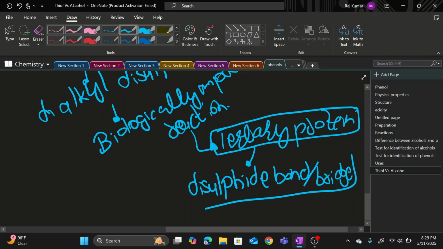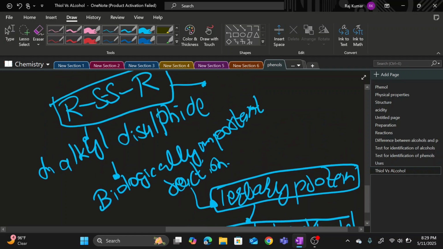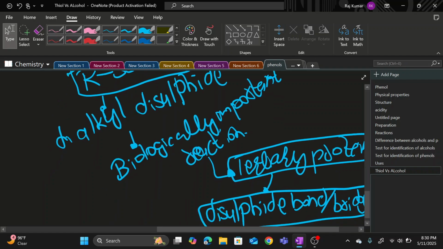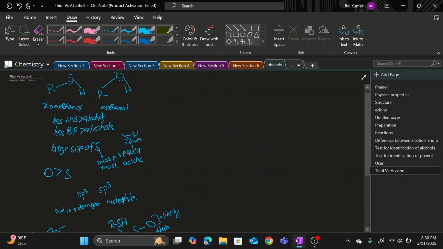This is a disulfide bond. This is a disulfide bridge, which is formed by the oxidation of the thiol group in the amino acids. So that is responsible for the stability of protein. And this is again an important, interesting thing as well.